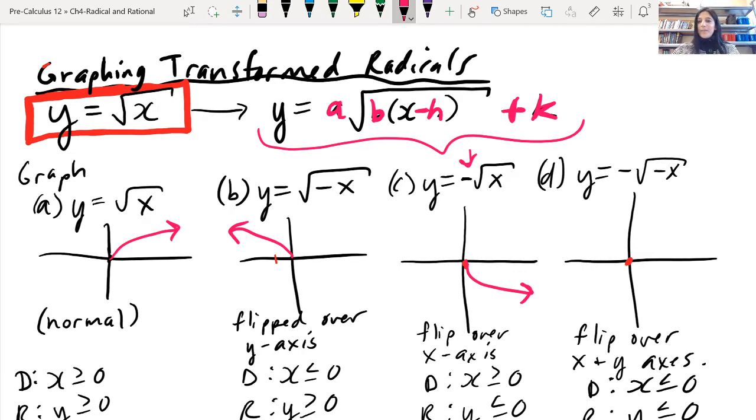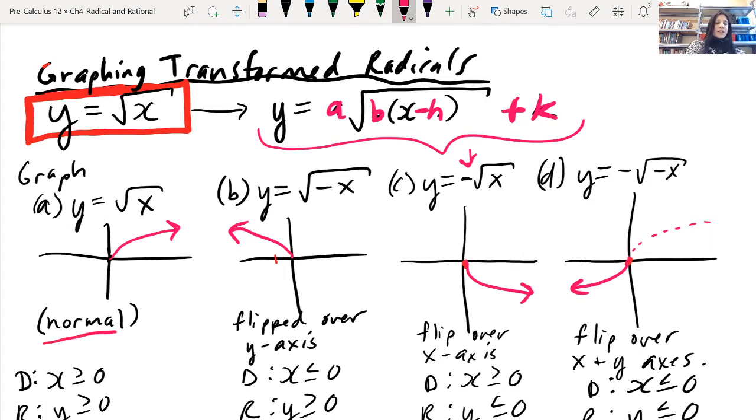That's a bit better. And then for the last one, that's affecting my y values and that's affecting my x values. So I would take my original and I'd flip it over the y-axis and then over the x-axis. So I would actually get something that looks like this, which is in quadrants 1, 2, 3, just to sort of recap.